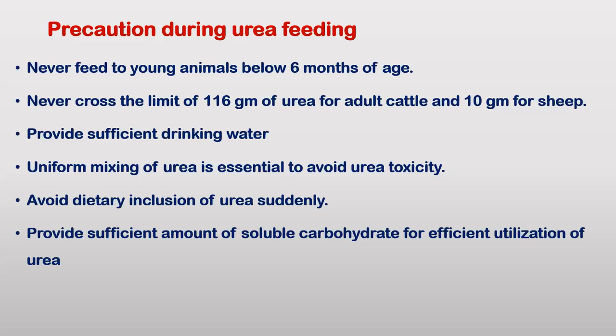We can mix a small amount of urea treated straw at first, and replace completely in 7 to 10 days. Provide a sufficient amount of soluble carbohydrate for better utilization of the urea. Soluble carbohydrate should be provided while feeding the urea treated straw as well.